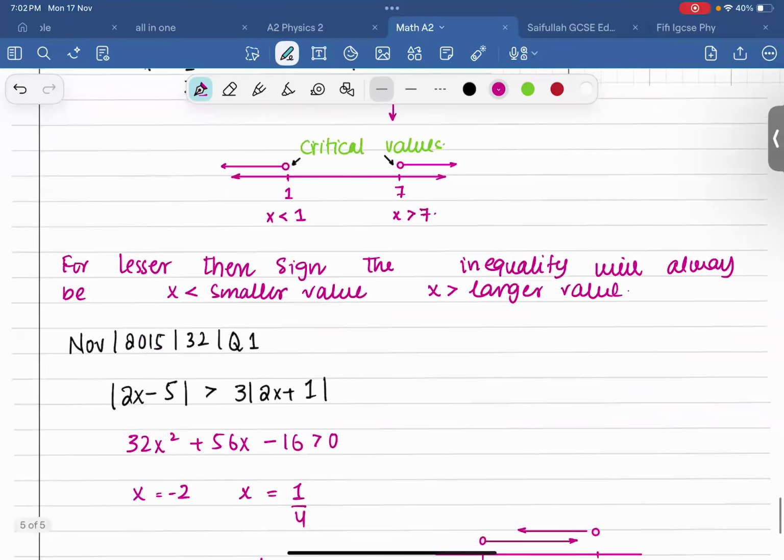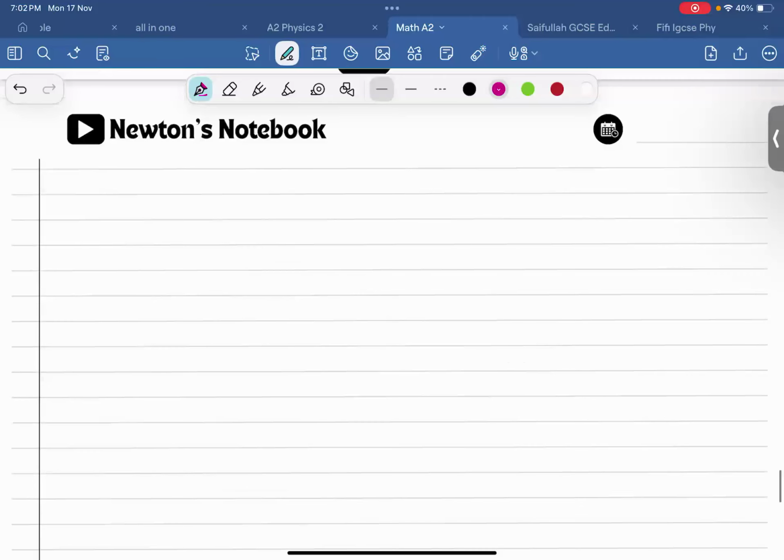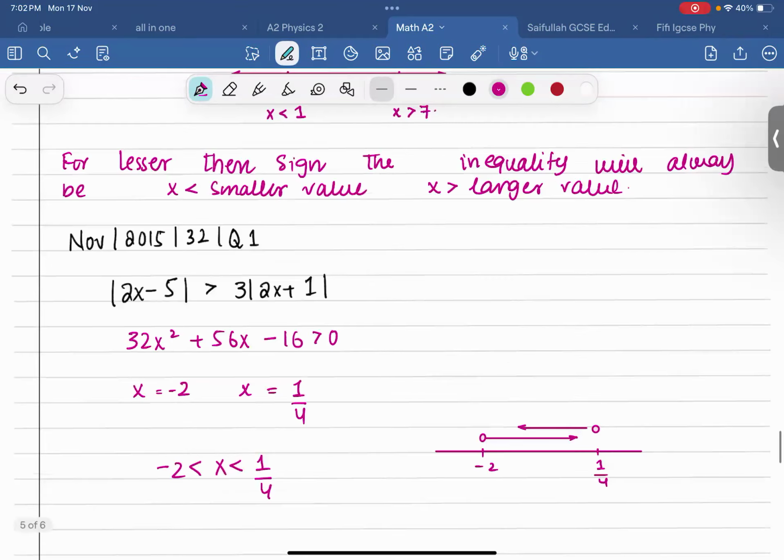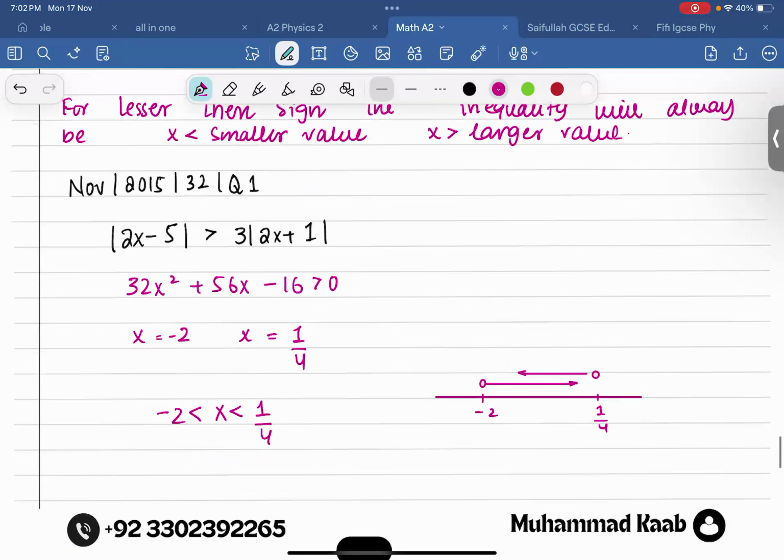For the previous one, could you scroll up? The thing is, for this one, x equals 1 over 2. When I put it back into this equation, I'm getting -9 over 2 is greater than 9 over 2. Are you getting 1 over 2 or 1 over 4? Like 1 over 4.